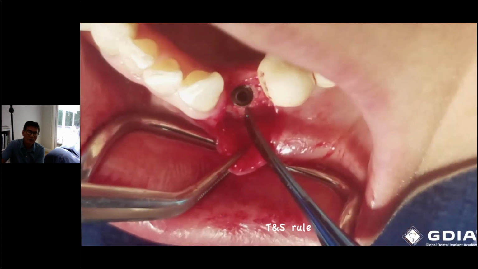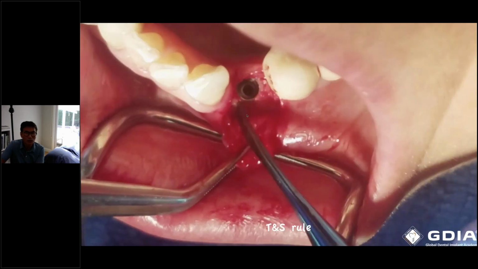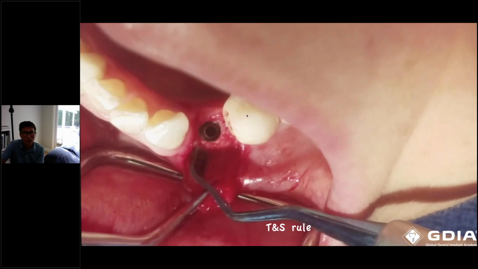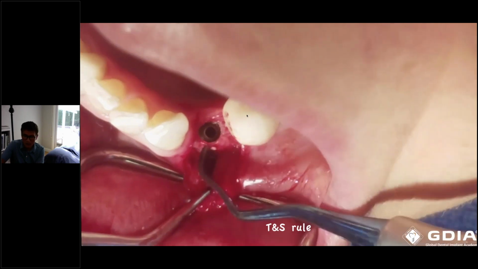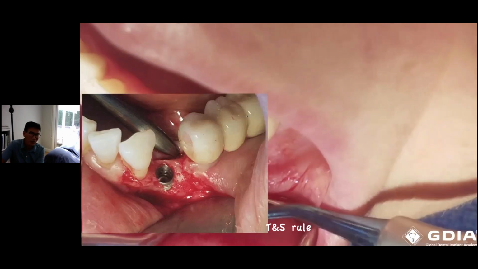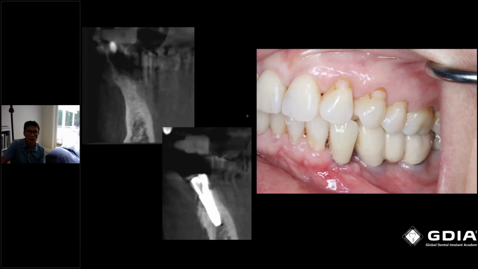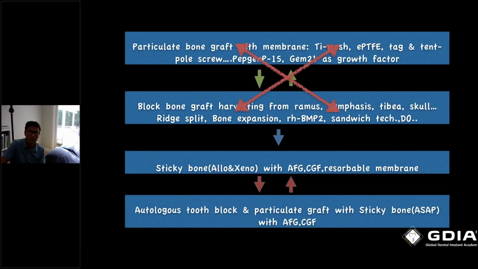It's not a huge regeneration for the GBR defect, but still, those are always challenging for me. A few threads were exposed, and the implant was almost outside the box a little bit, but now it is totally covered with 100% regenerated bone. So in many cases, it works pretty good.